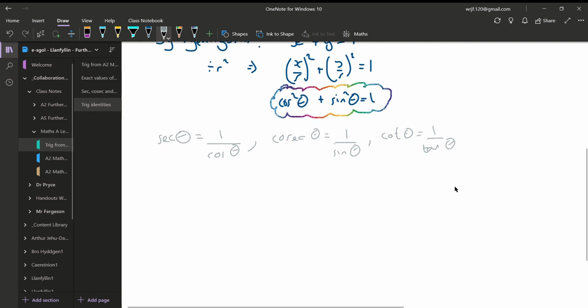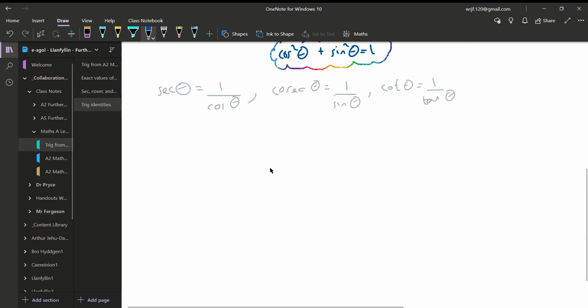So if we start from our Pythagorean identity about cos squared plus sine squared equals 1, one that you can see still on the screen there, just at the top of the screen now. If we start from our Pythagorean identity there, cos squared theta plus sine squared theta equals 1. And then we can divide.